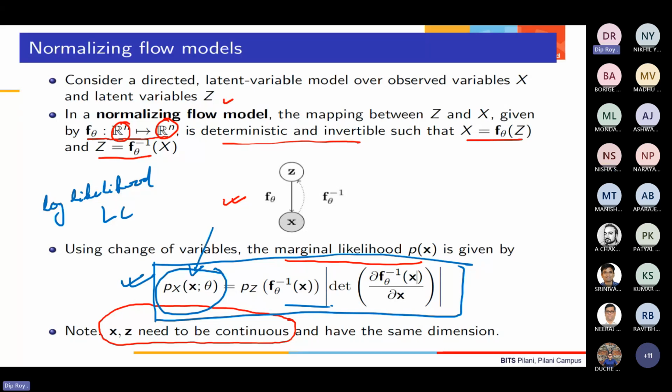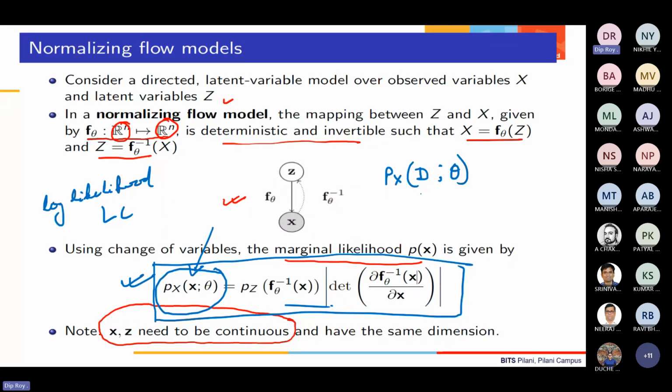Now, when we are going into the likelihood space, we are not interested in the probability of a particular data point, but we are interested in the probability of the entire data set. When you are doing the probability of the entire data set, this becomes like this. This D is essentially the entire data set.